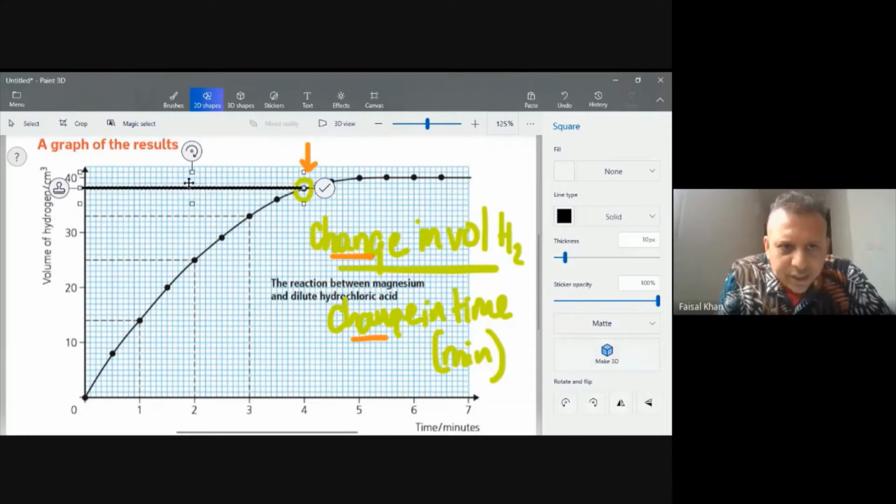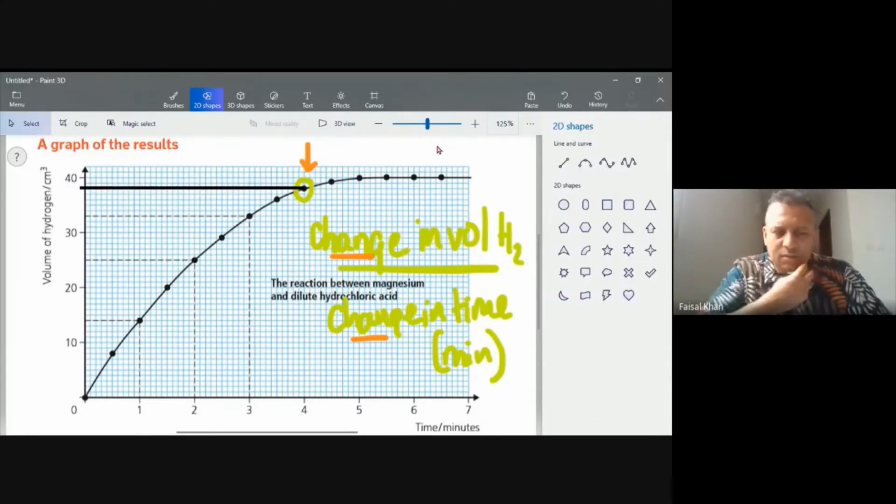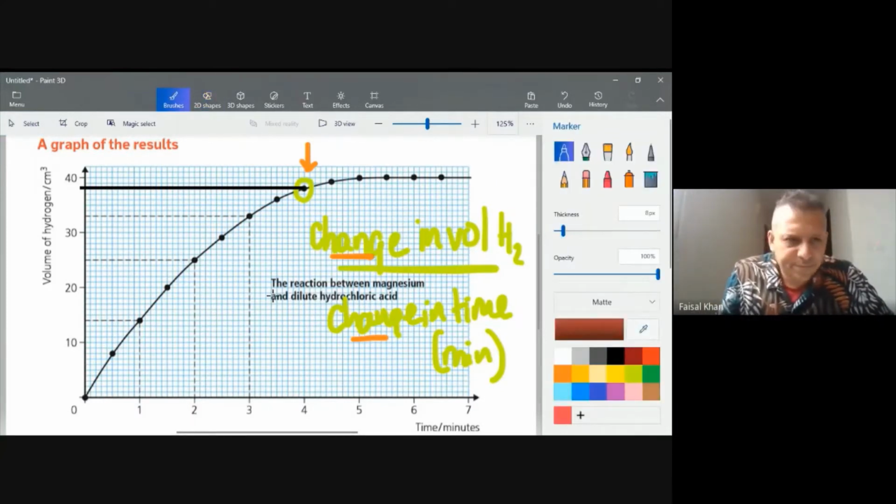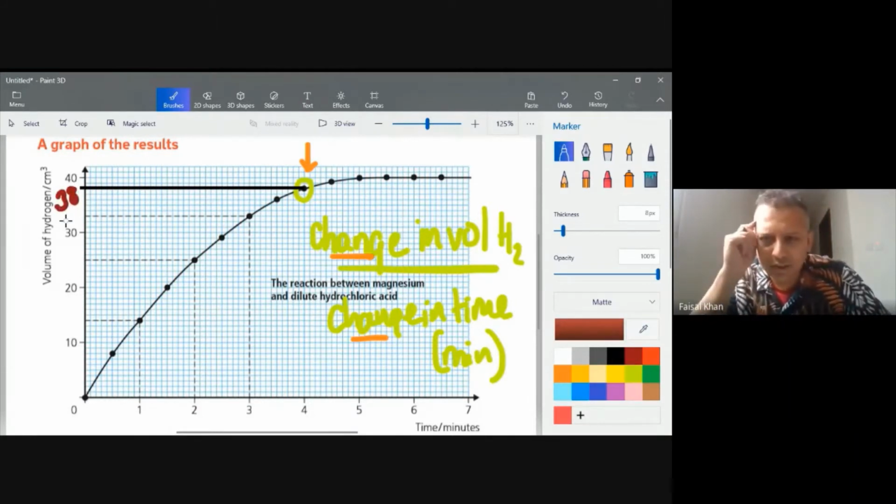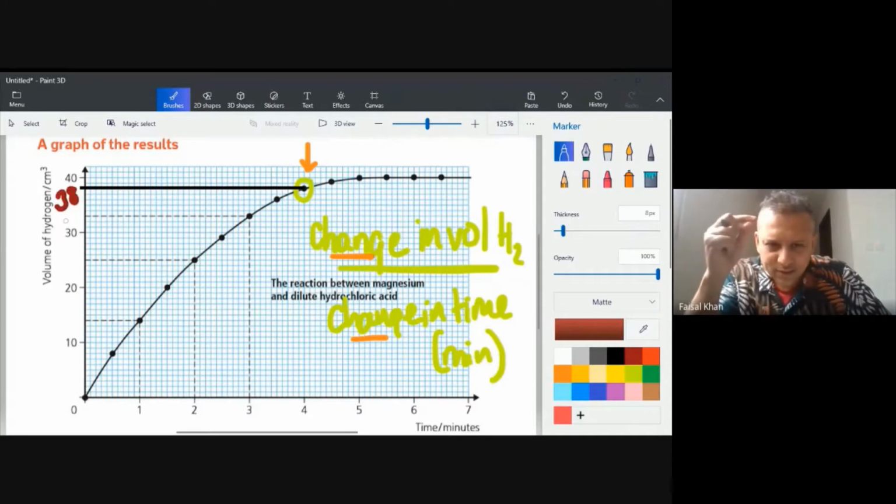That's reading across there, at 38. So you don't have a change there, because you've only got one reading and you need to have a change.